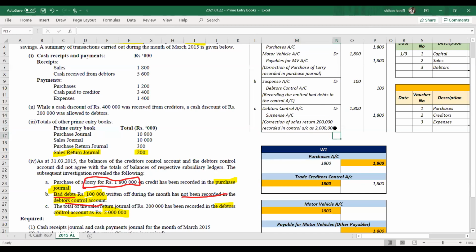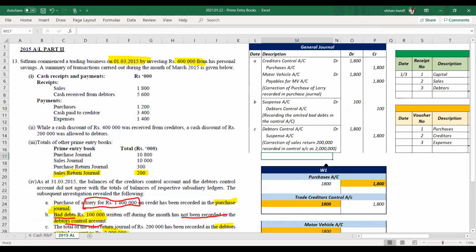Recorded as 2 million. Right? The excess amount in debits.